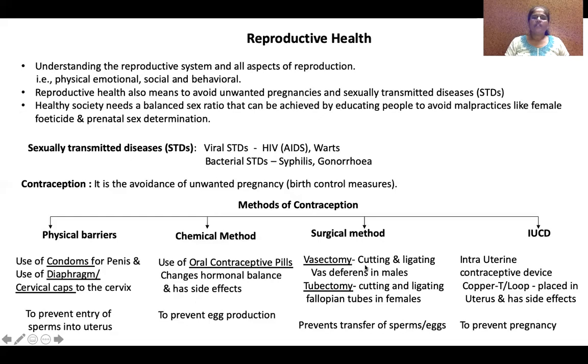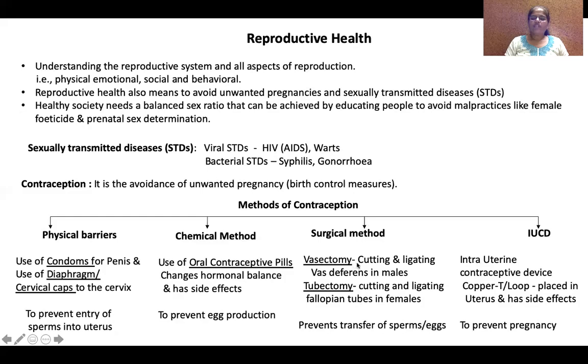Okay. Third is the surgical method. If we decide we don't want kids, then we can undergo these surgical methods. What are surgical methods? Vasectomy. The vas deferens are the sperm ducts that carry sperms from the testis to the penis.